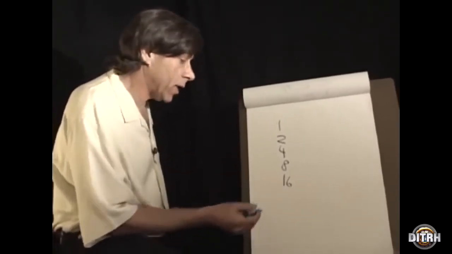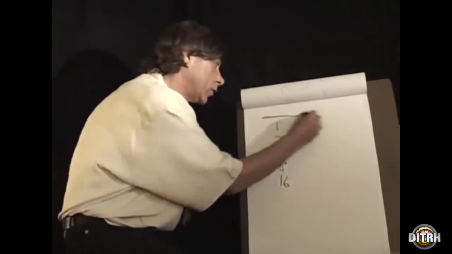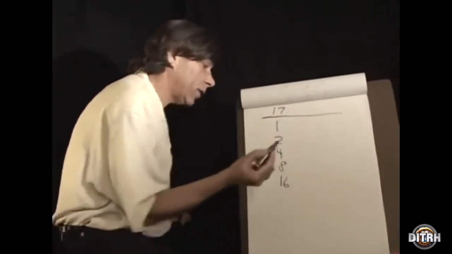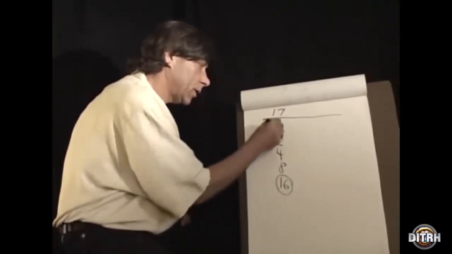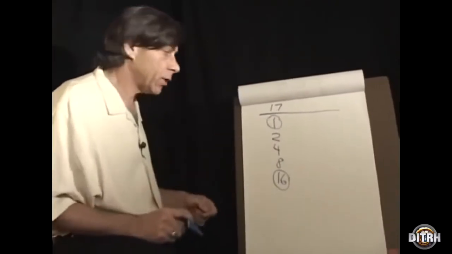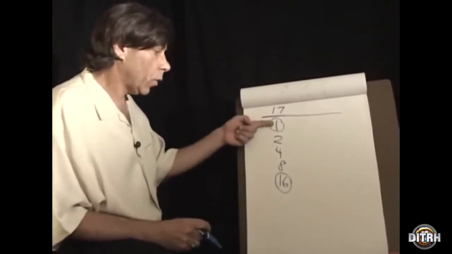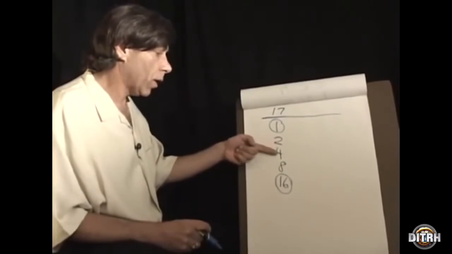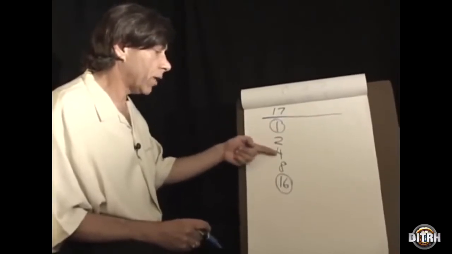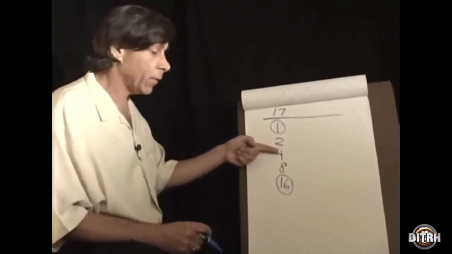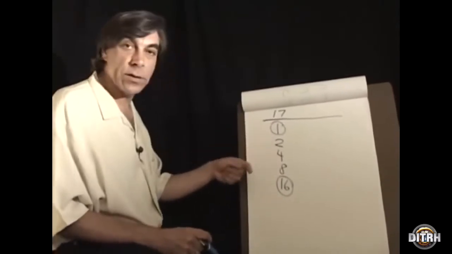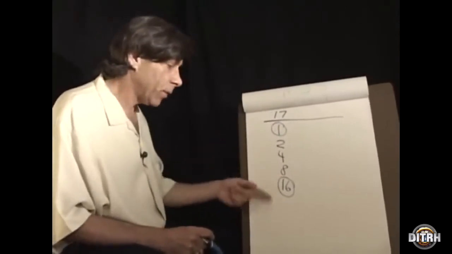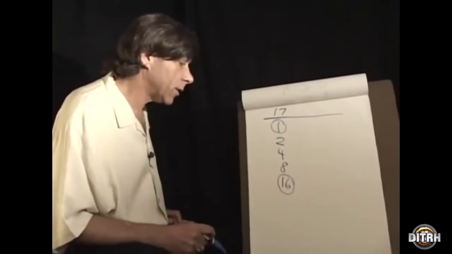And any number can be represented by the sum of these. For example, if we wanted to choose the number 17, it's 16 plus 1. So I can count 1, 2, 1 plus 2 make 3, 4, 1 plus 4 make 5, 2 plus 4 make 6, 1 plus 2 plus 4 make 7, 8, and so forth. And so any number can be represented by this, the sum of elements of this sequence.